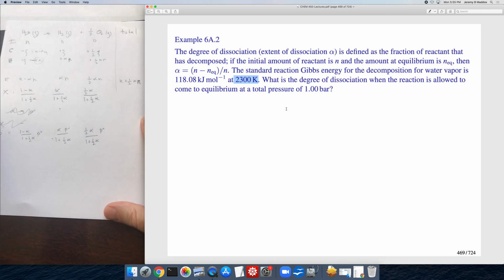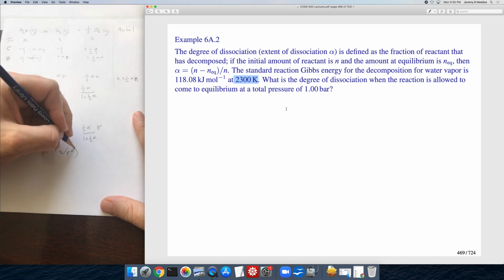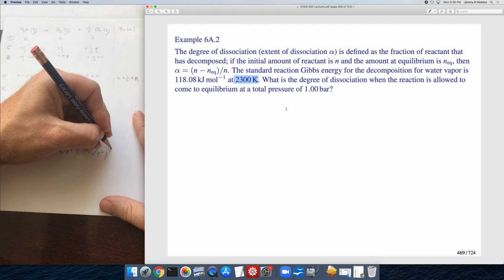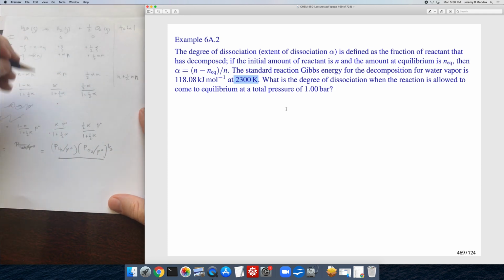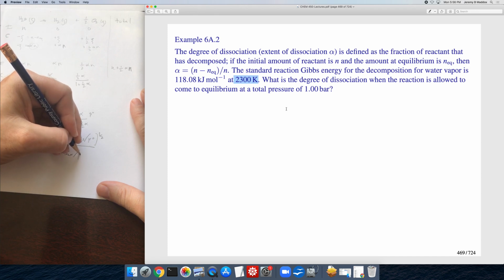Then when we want to assemble the equilibrium constant, we'll take the partial pressures divided by P0. We want to do the products first, so hydrogen, divided by the partial pressure of O2 over P0 to the 1/2 power, divided by the reactants, so that'll be PH2O divided by P0.